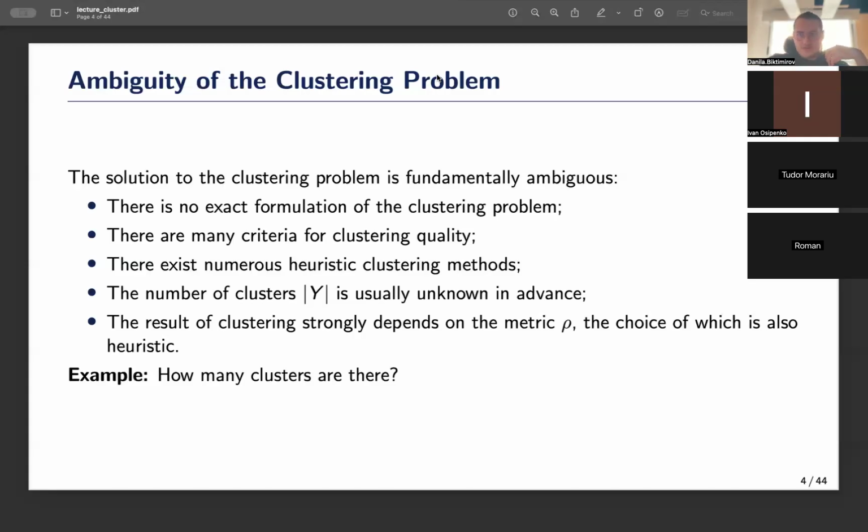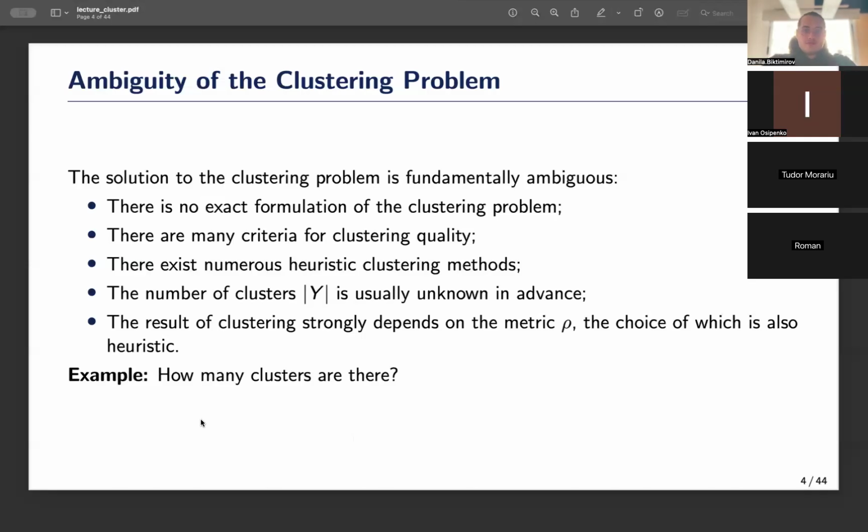Oh, here I missed an image, but there should be the same sets, differently colored. So there are a different number of clusters on the image.